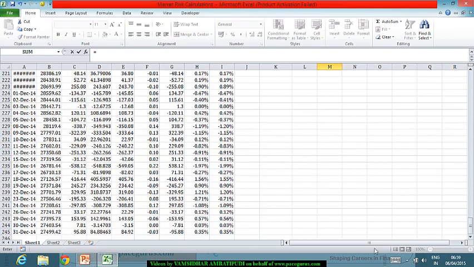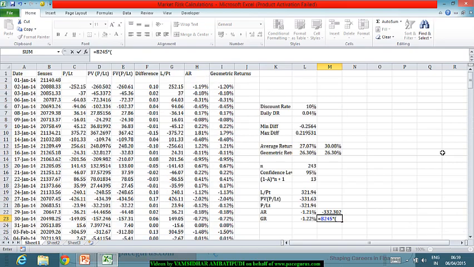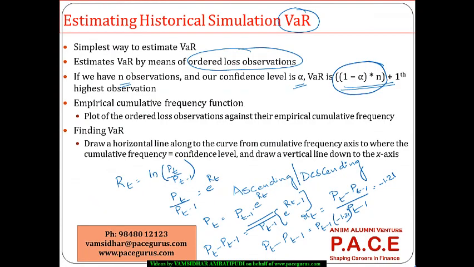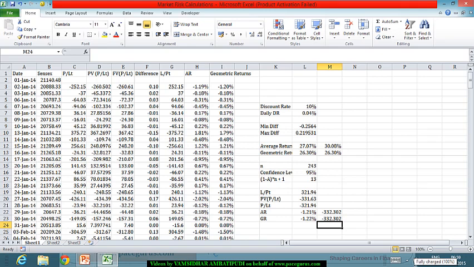So the 95% confidence interval VaR here is PT minus 1 multiplied by e to the power of R minus 1. So this gives me again 332.30 itself.